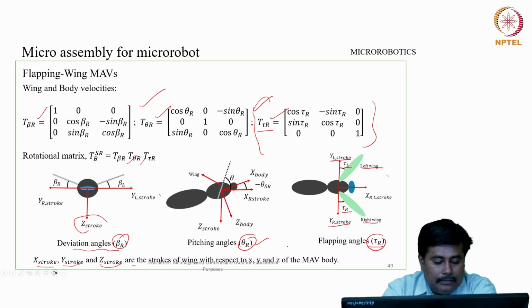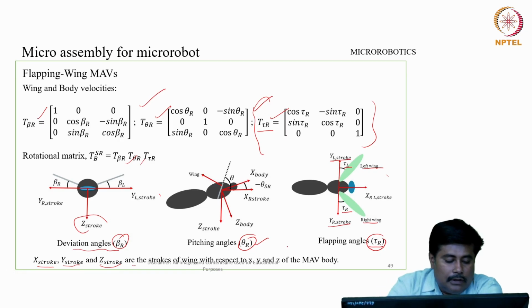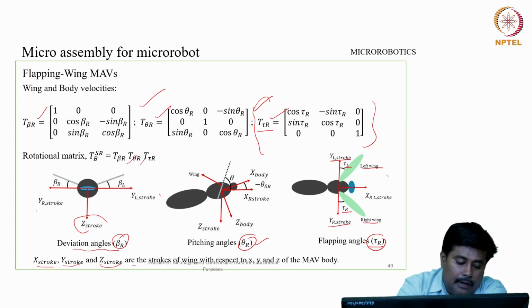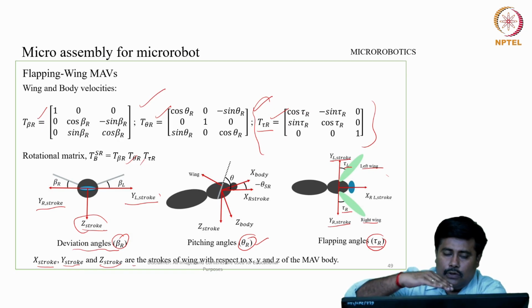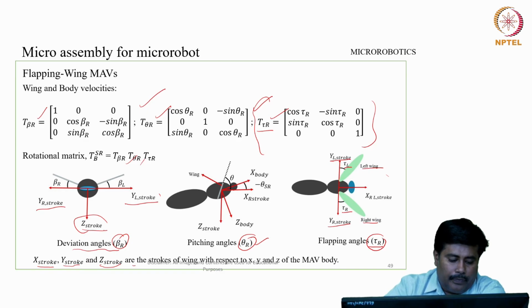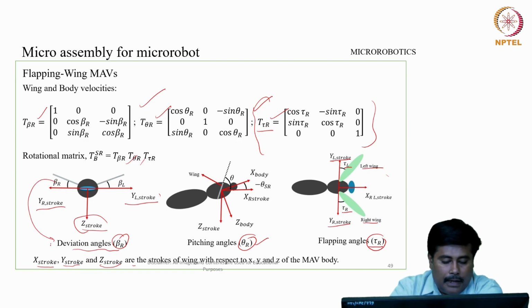When we closely observe the deviation angle, it is calculated with respect to the YR stroke and YL stroke, and then there is the Z stroke. This Z stroke moves up and down, and accordingly we get the deviation angle, which is nothing but beta R.